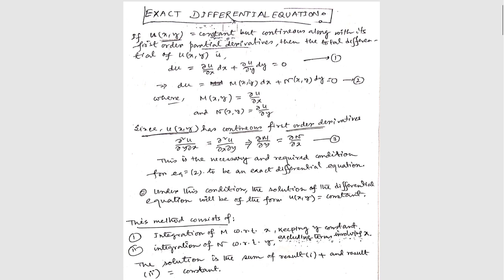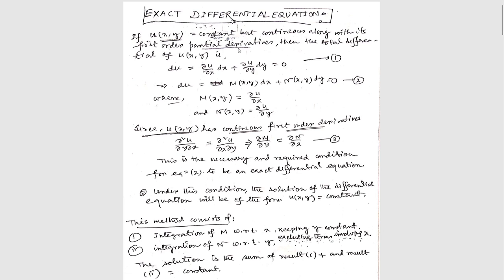Suppose you are given a function u(x,y), and this is continuous, and not only this, but also its first order partial derivatives are continuous.